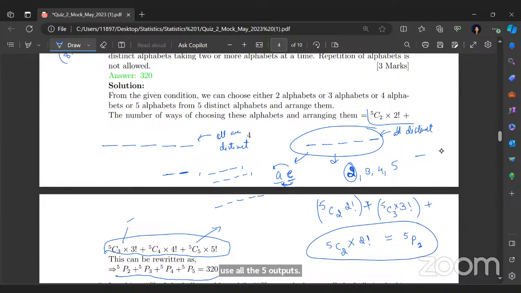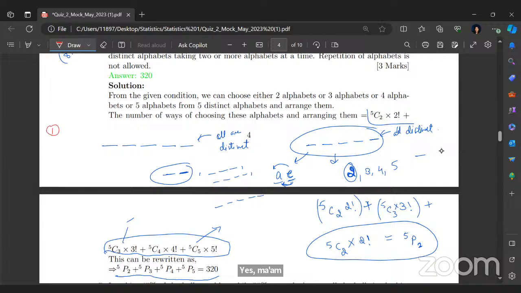Now, when you choose any 2 alphabets, so you had 5. If you have to make words that use 2 alphabets, first of all, out of these 5, you will have to choose 2, right? So I'll make 4 cases.